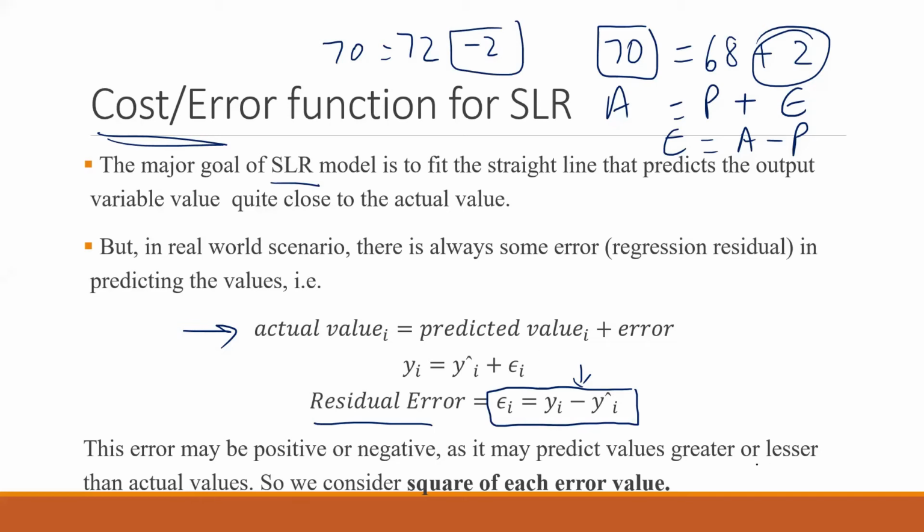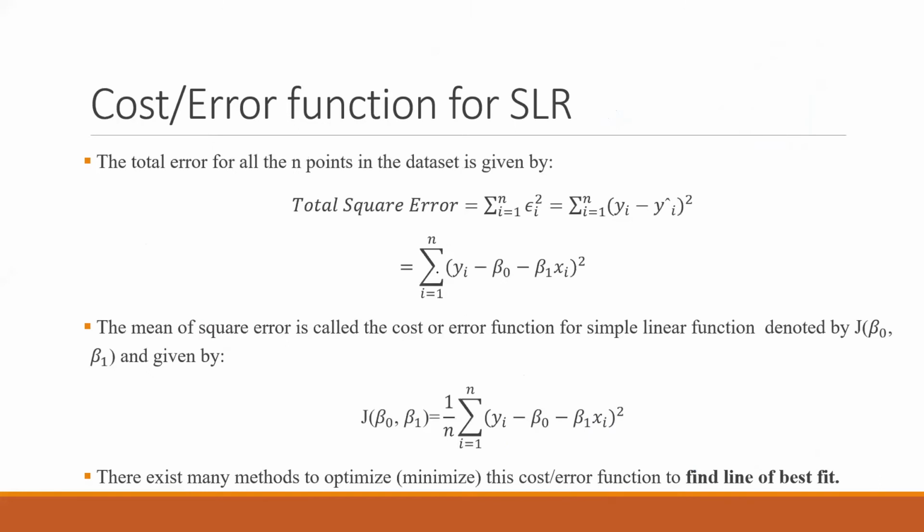So we will consider the square of each value just to bring them on the same scale. If it was minus 2 or plus 2, it will be 4, right? So we will look at the error as a squared value. Now let's see what the total square error will be.